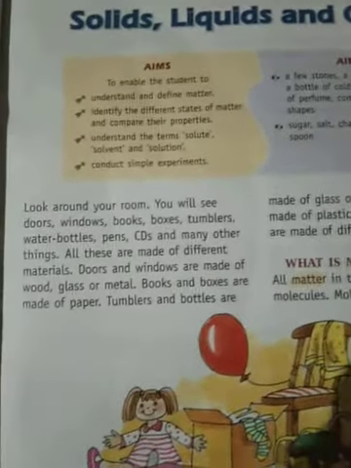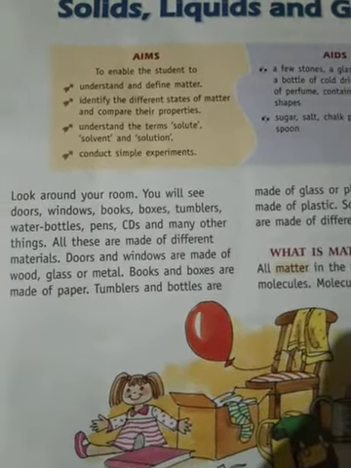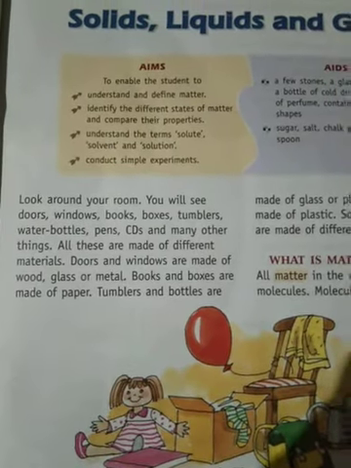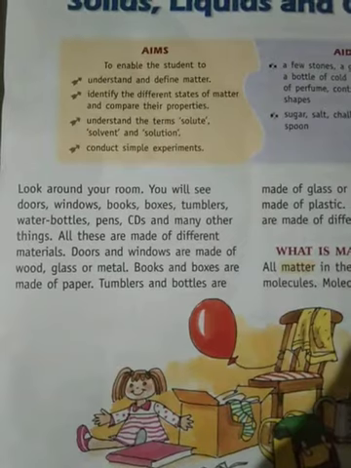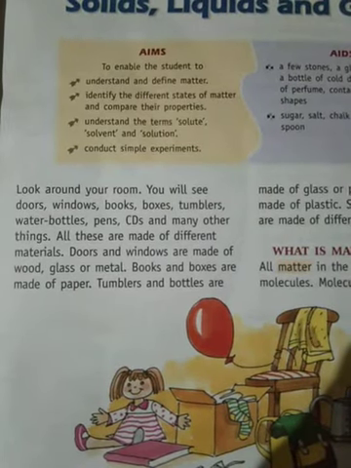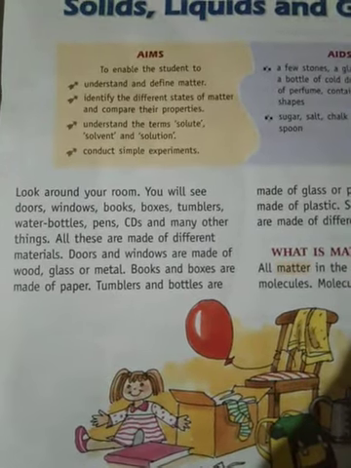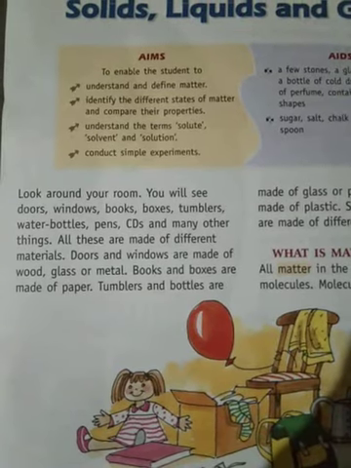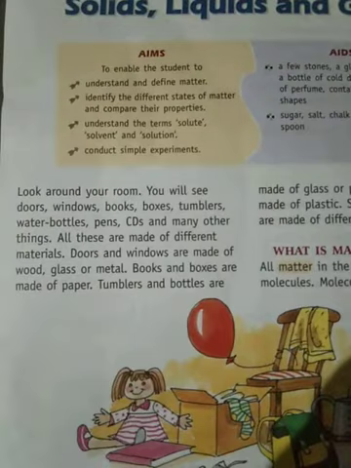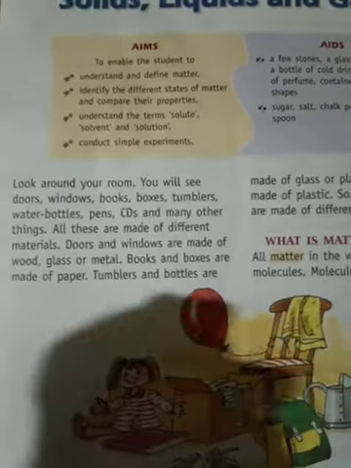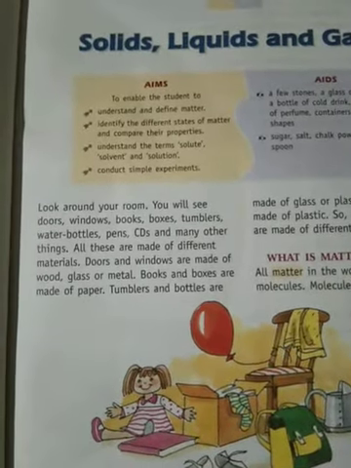The second sentence says, all these are made of different materials. Do you all agree that different objects are made up of different materials? For example, doors and windows are made up of what? Wood. Earlier, doors and windows were made of wood and glass, right?